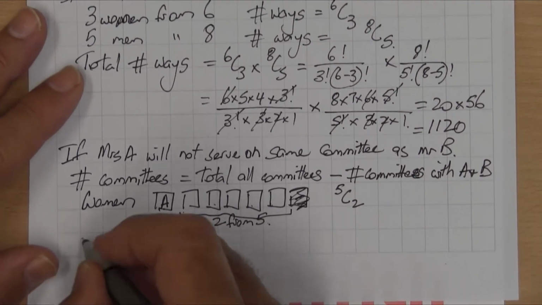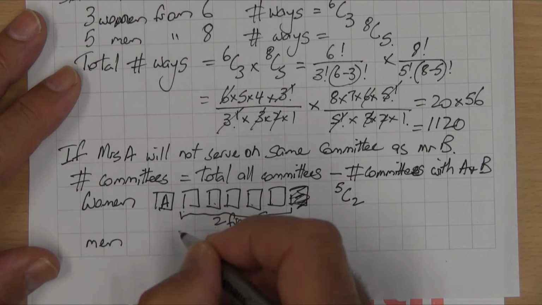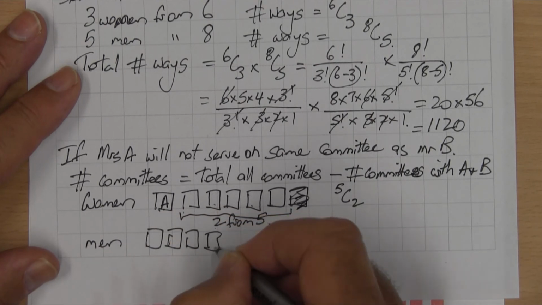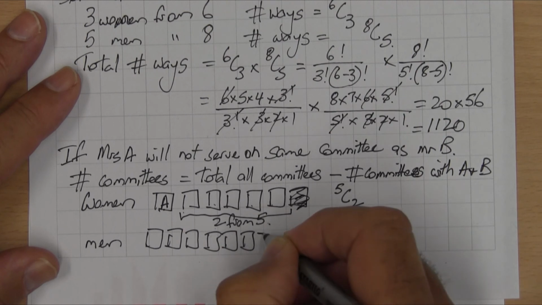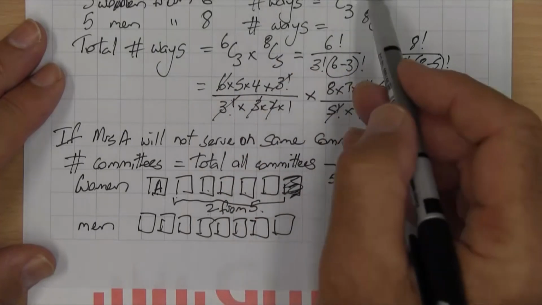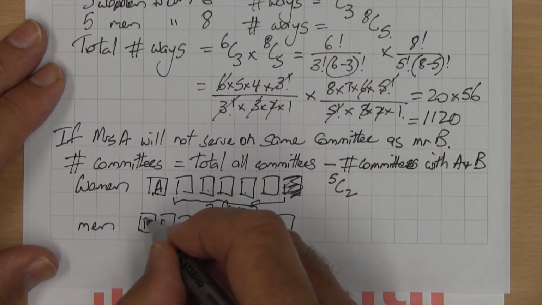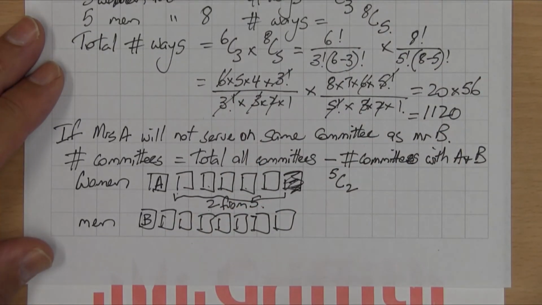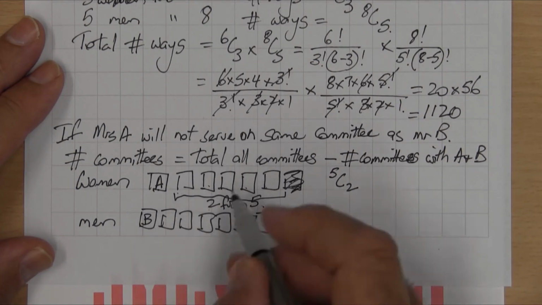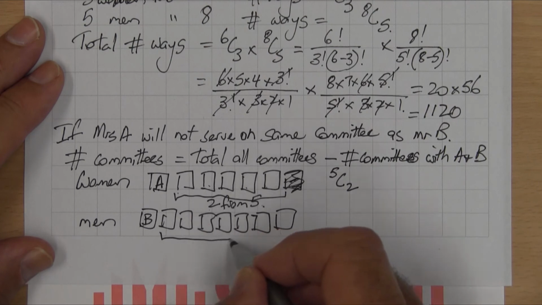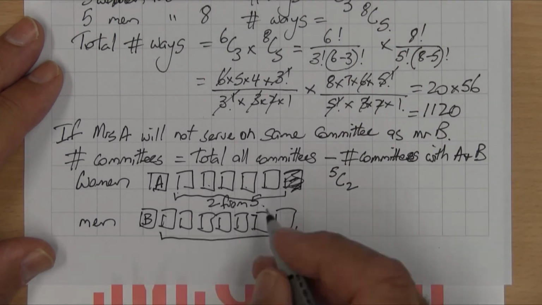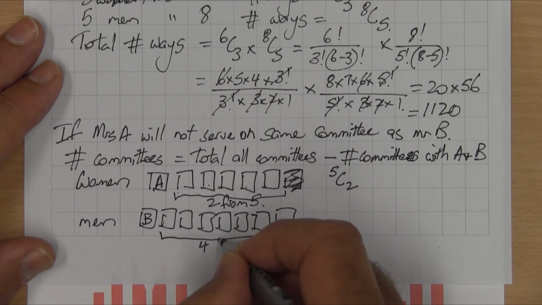And if we look at the men, we've got 8 men to choose from. Mr. B is, we want to find out how many committees would have both of these on. So we've got another 7 left, and we're going to choose another 4, so we've got 4 from 7.